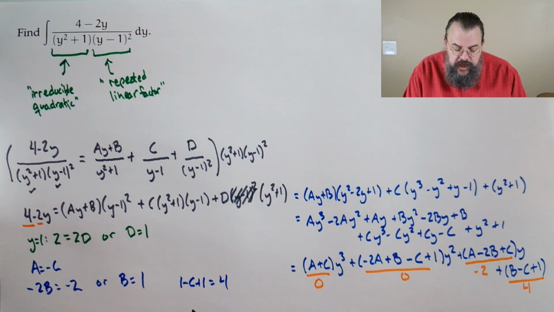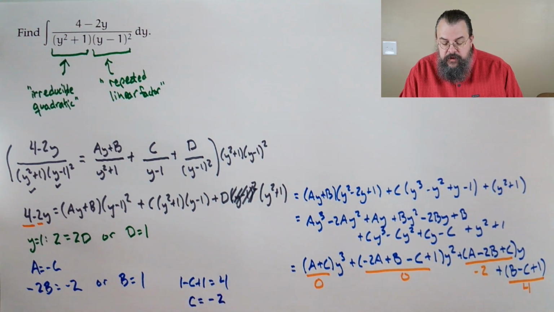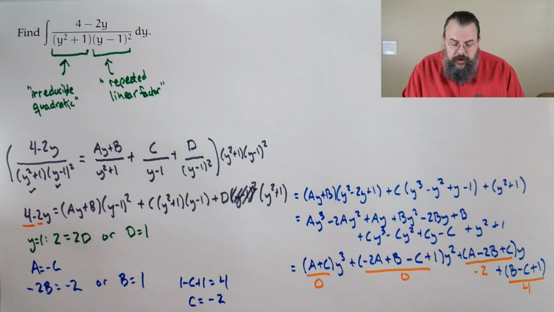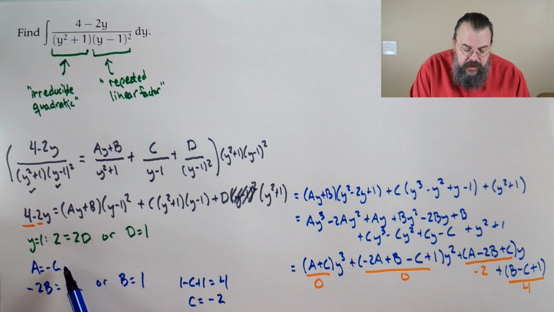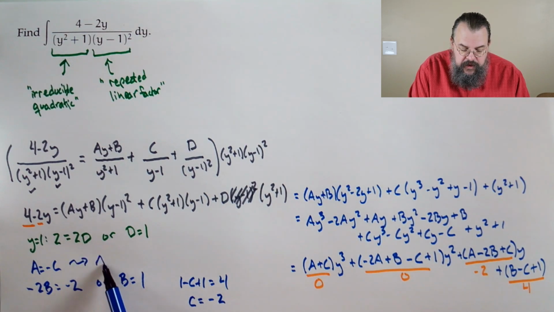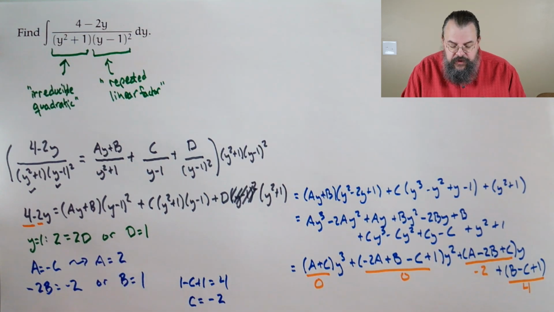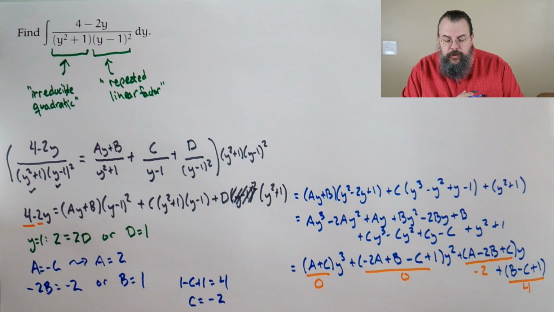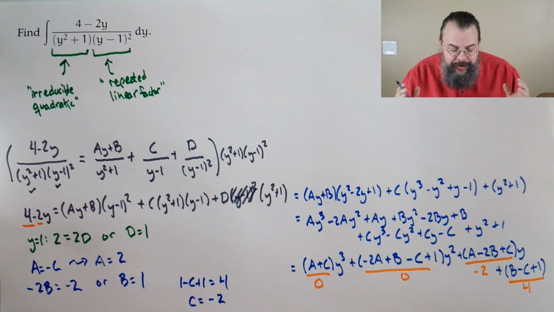Okay, well, what does that tell us? Well, that tells us that C has to be minus 2, right? That's the only way that could work. And now we say, oh, A is minus C, so that says what? That says A is positive 2. And now we're good. We've got everything that we need.